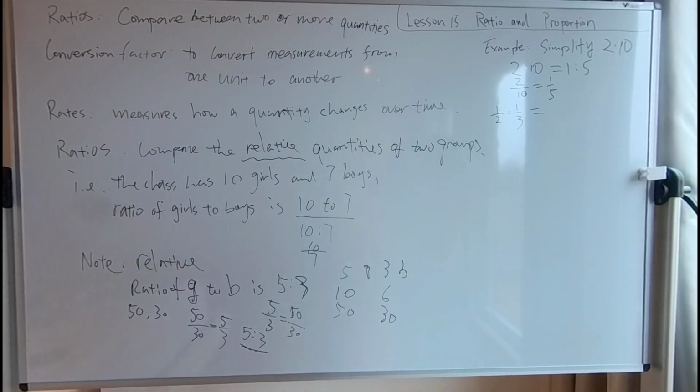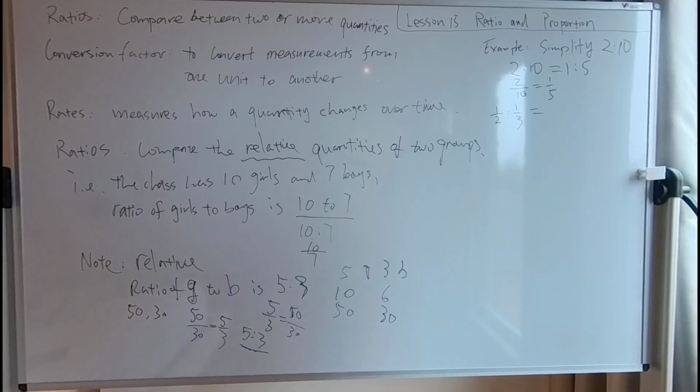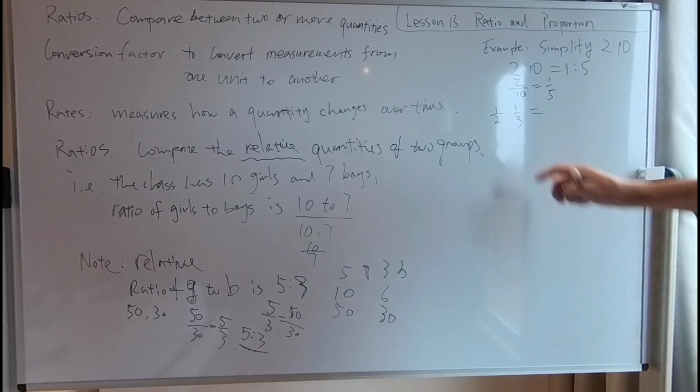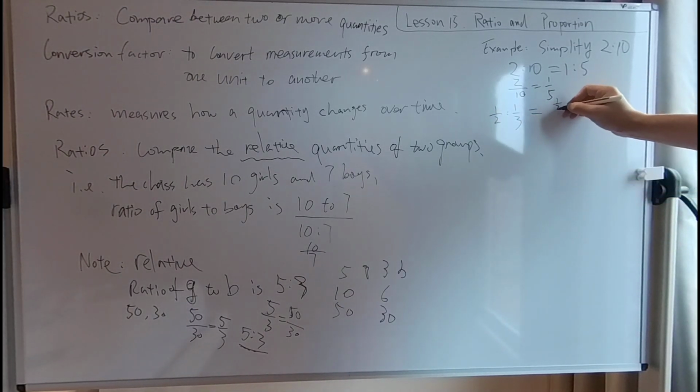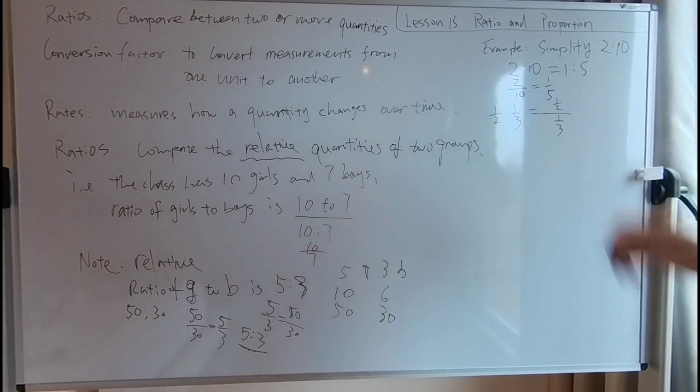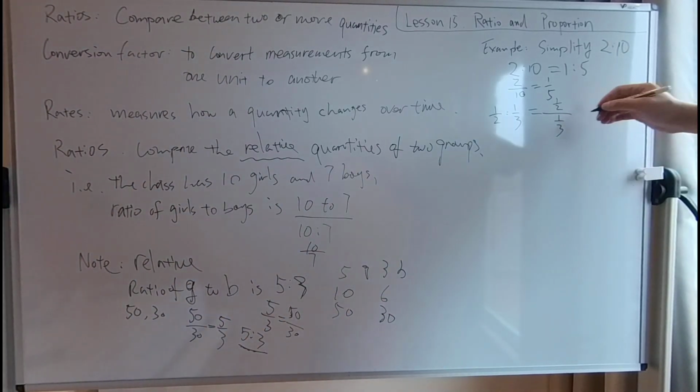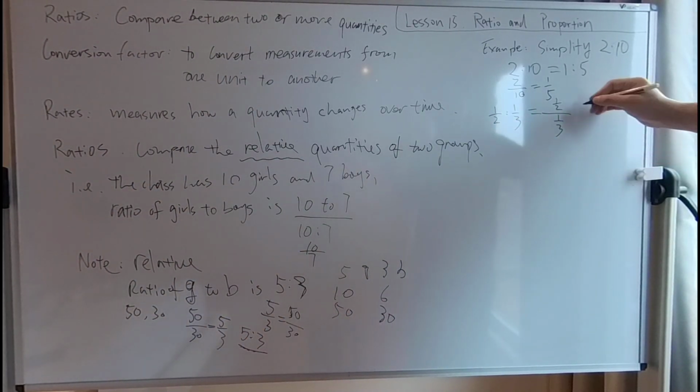I want to convert my ratio into a representation of integers instead of fractions, just to simplify this. So I want to cancel out all the fractions. I can write this out in here, 1/2 versus 1/3.